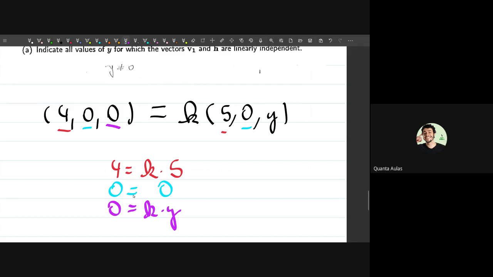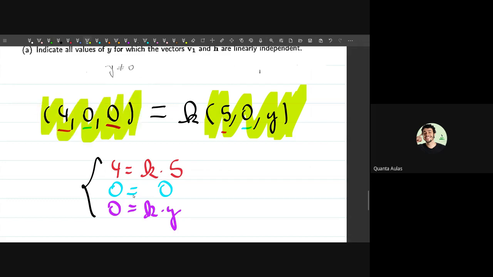So if you see this, we can understand a thing. If we have y equals 0, it's possible for us to obtain this vector as a multiple of this.